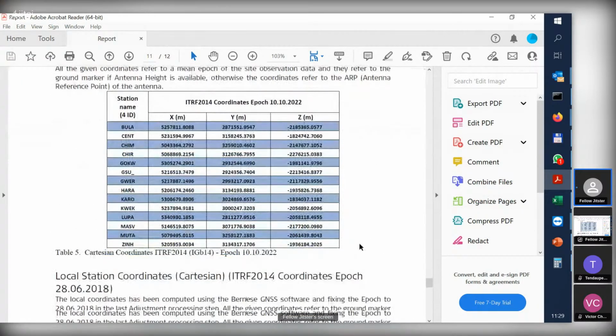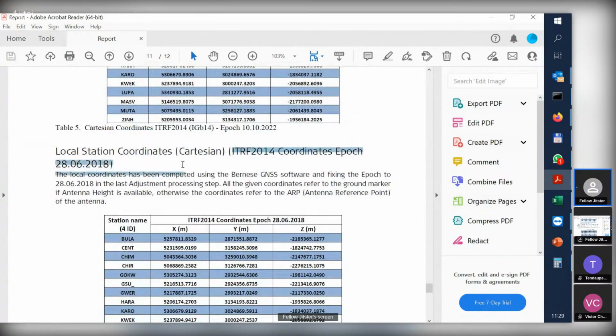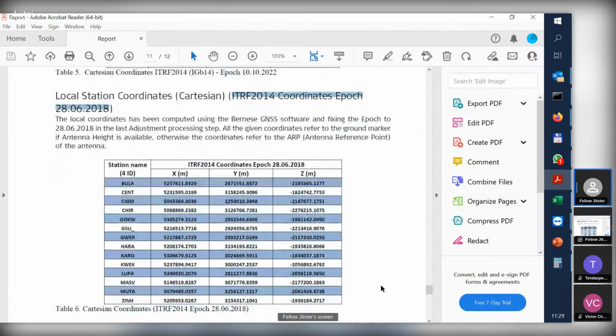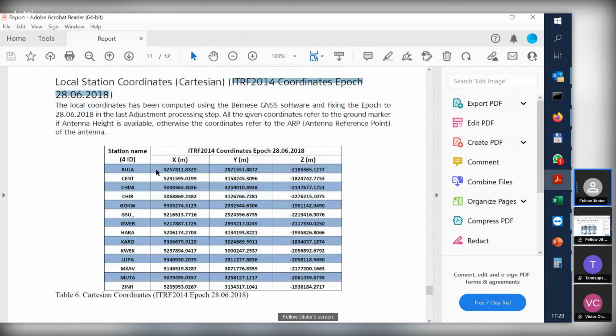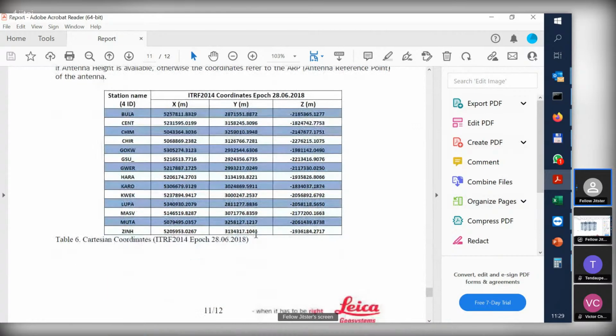This was defined by the 5 stations from DSG, and we get coordinates for this epoch, 2018.49, or 28th of June. It's the same thing.